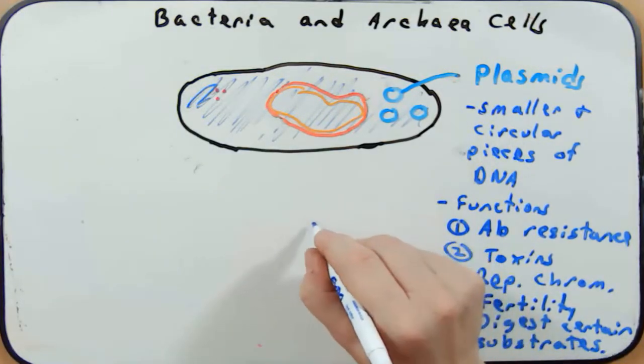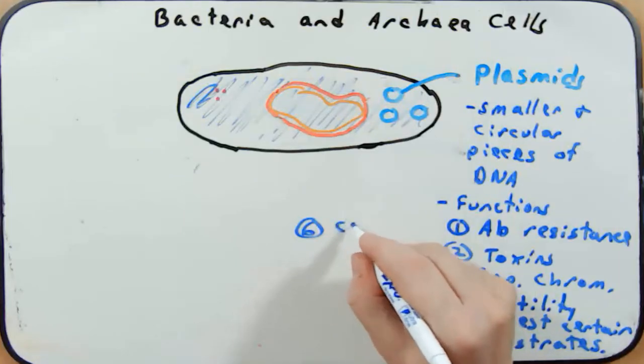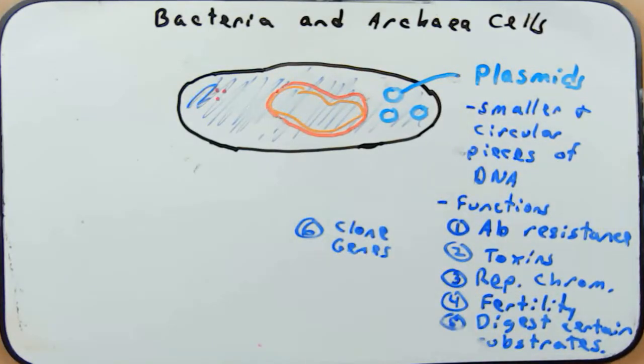And the last thing I should put here for a function is outside of the bacterial cell, we use plasmids all the time in the lab to clone genes. And I would suspect many of us have benefited from the ability to clone these genes.